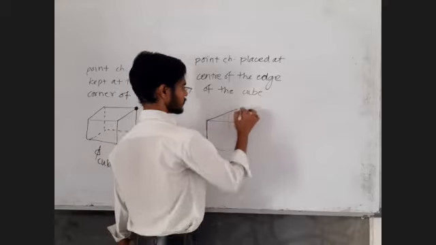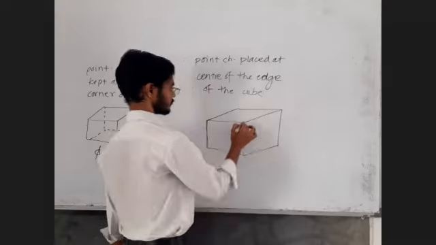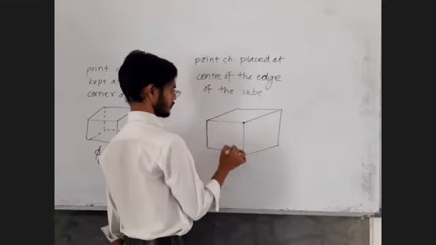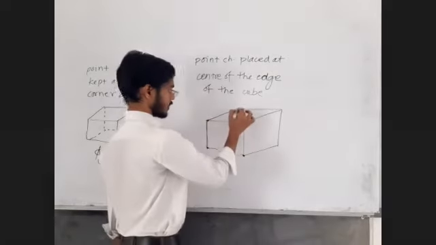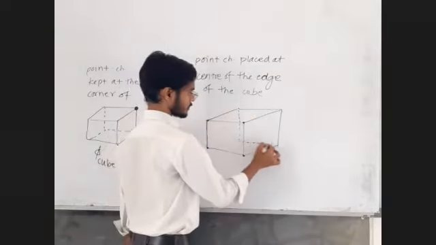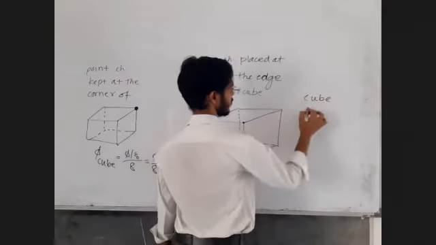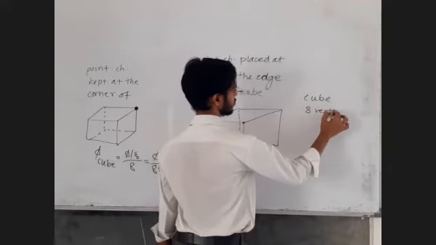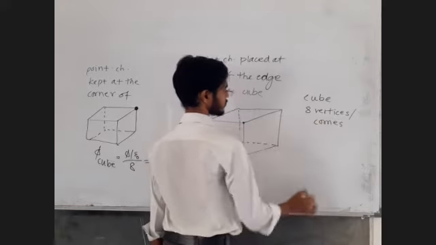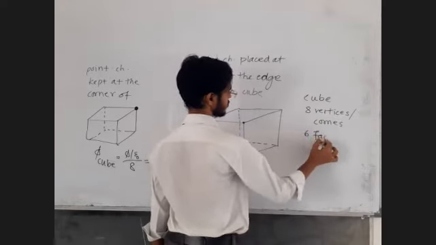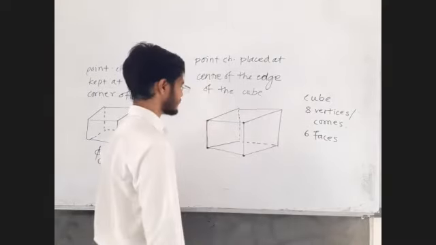Now what are the centers? Center of the cube is this one. There are 8 vertices to the cube, also called corners. 6 faces, that you know. 8 vertices, that you already know.